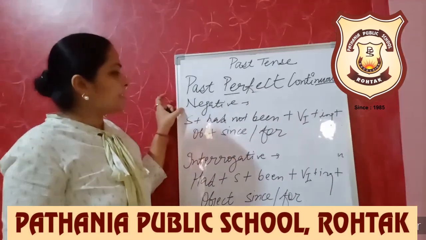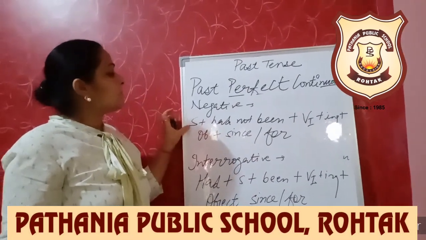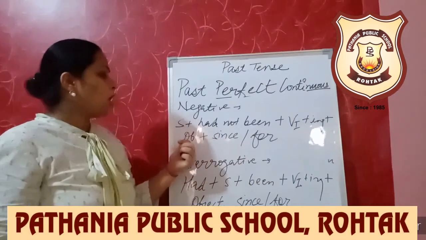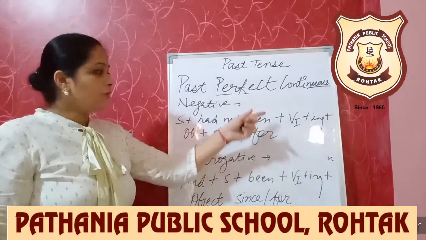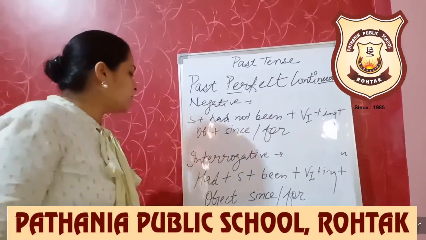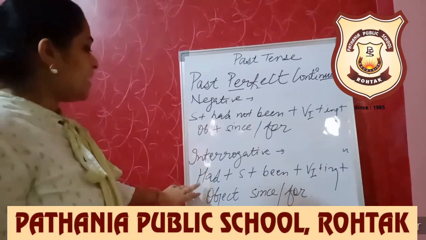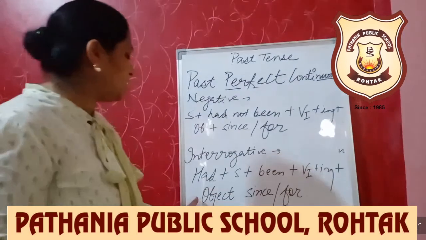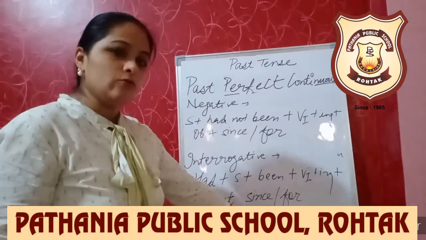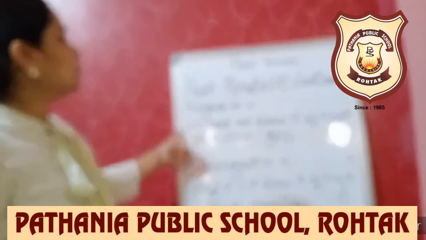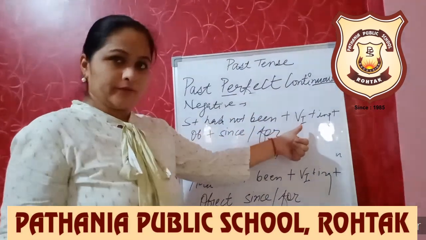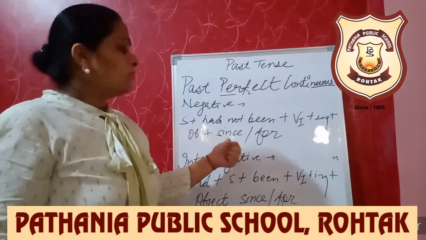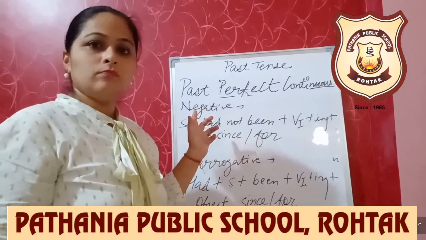Let's understand the negative sentence structure. Subject had not been plus verb first form ing, object since and for. You can form the example related to this. Then comes interrogative, had plus subject plus been plus verb first form plus ing, then comes object since and for. Okay, so she had not been riding since morning.